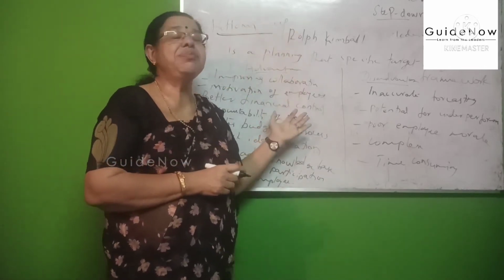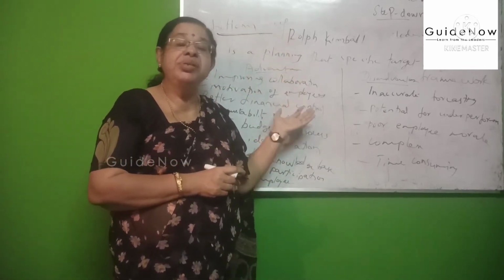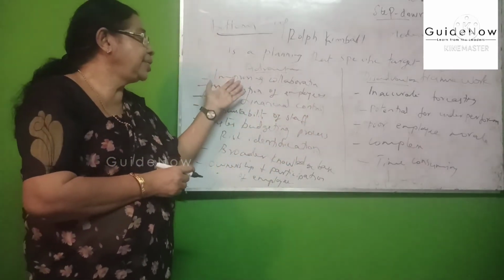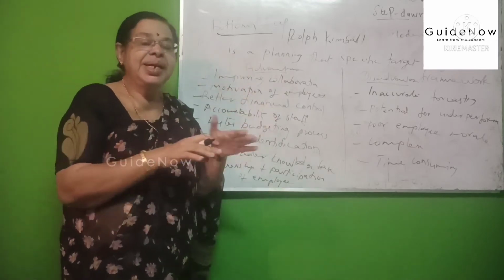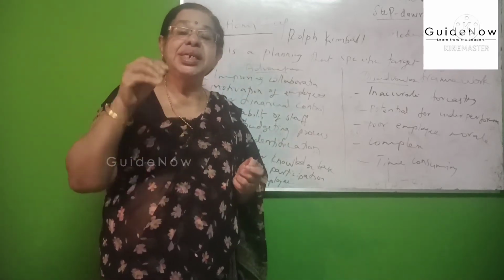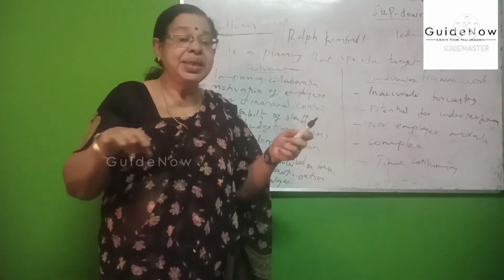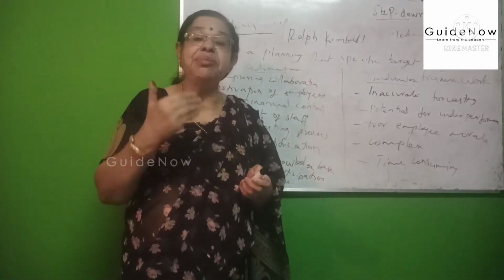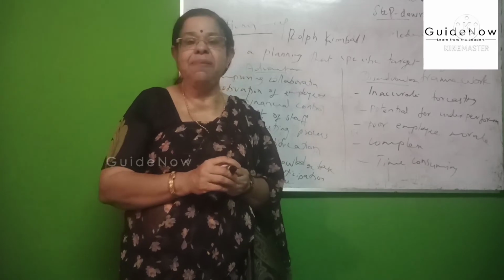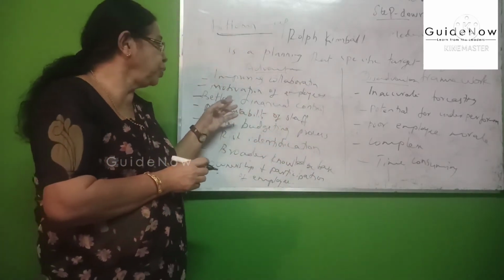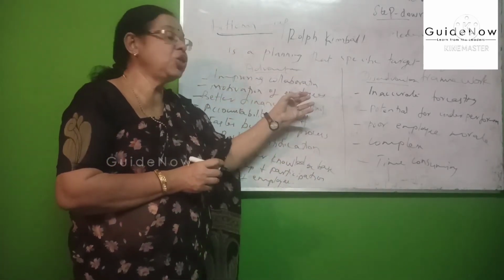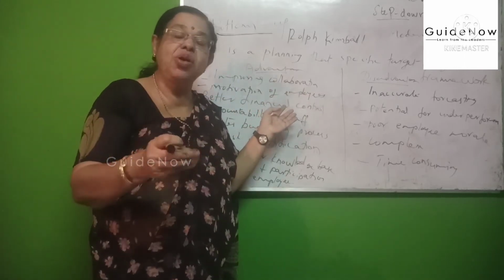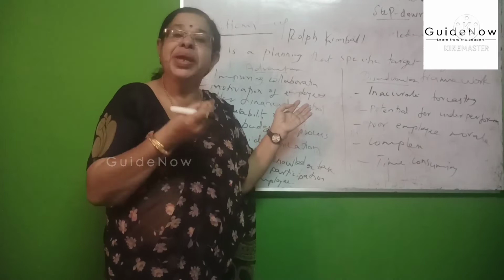Which are the important advantages or merits of the bottom-up strategy? First, there is improved collaboration, because there is togetherness. Improving collaboration is an important advantage of the bottom-up approach. Second, employee motivation is also very high, because there is much participation and much role allotted to the employees.